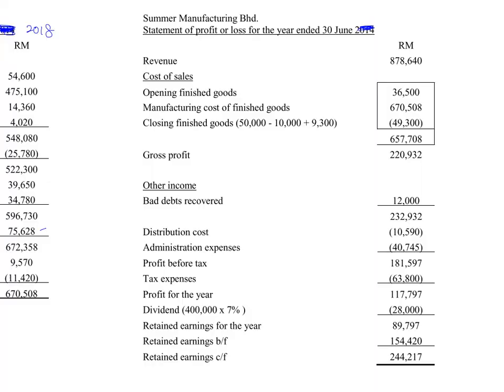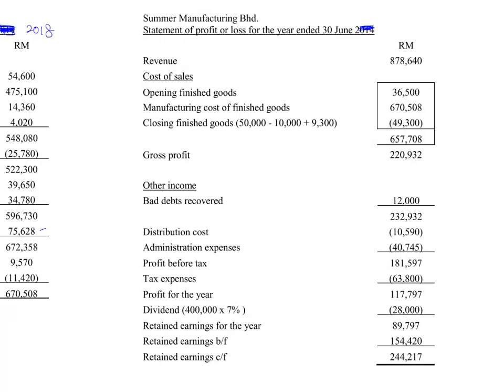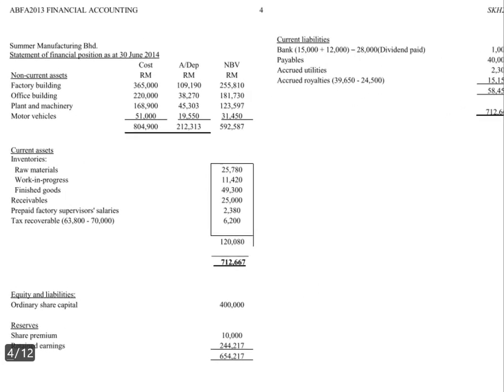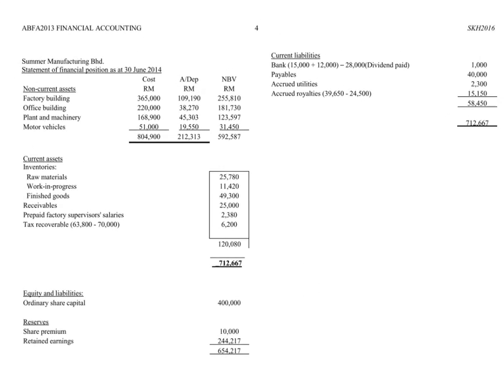This one I can tell you, the model answer provided is not correct. I have already amended. So if you were to consult your other friend, the answer will be slightly different unless the lecturer changes it. This one already changed, right? Okay. You got a bank overdraft of 1,000 here.